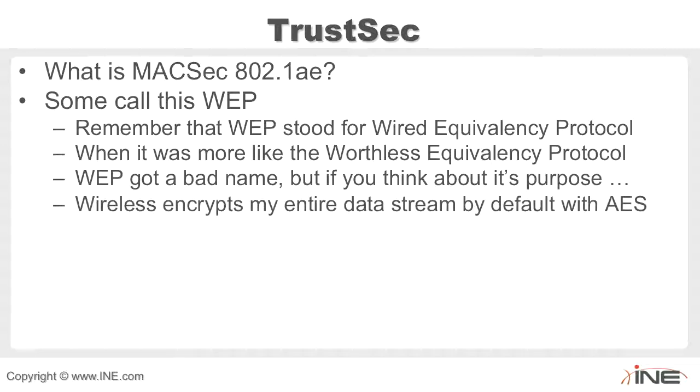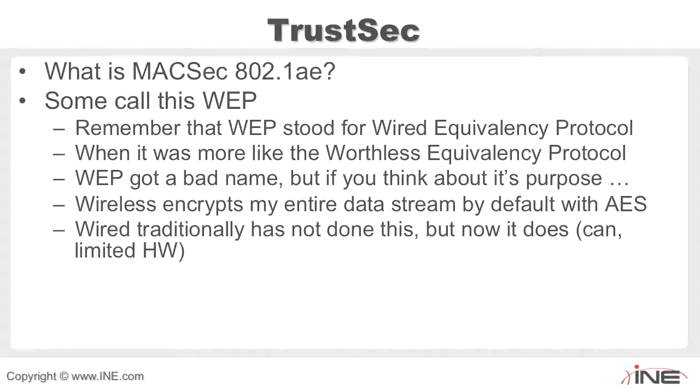The idea is that from the beginning, we had this concept that wireless was going to be so insecure, we never wanted to leave it open, and certainly this is the default in every home consumer device that you buy for wireless, much less an enterprise device. All of my wireless data is encrypted. My entire data stream, not just control with the access point, is encrypted for wireless.